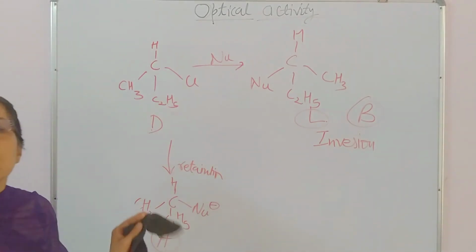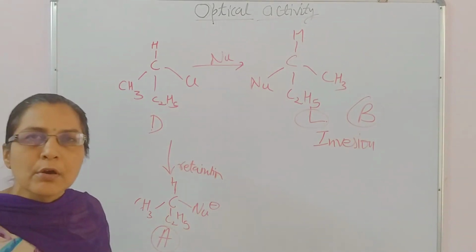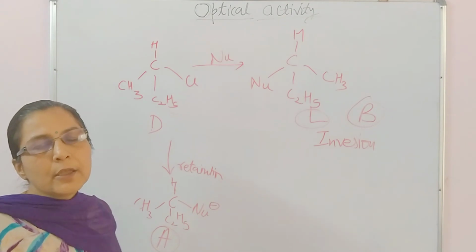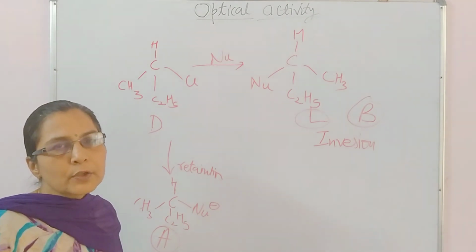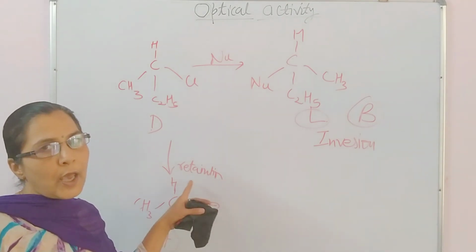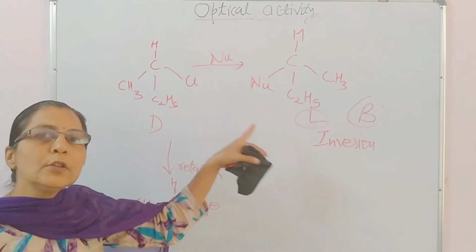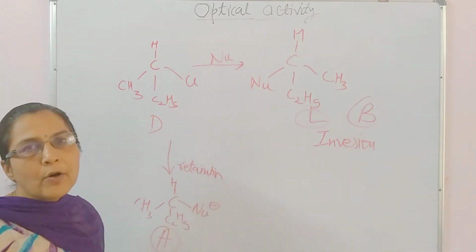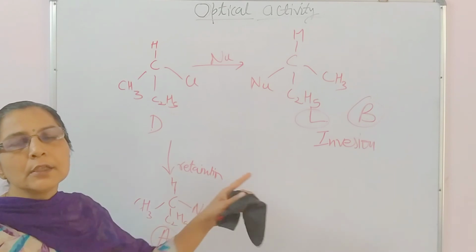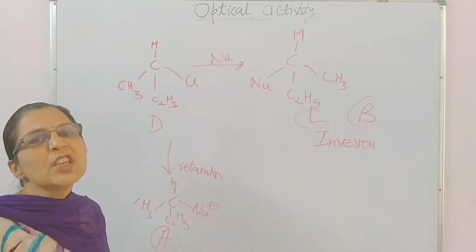Later in the future you will read that when sucrose is dissolved in water, we get a mixture of glucose and fructose. So if sugar has D rotation, then the product will be L, or if sugar has L, then the product will be D. It means we get invert sugar.